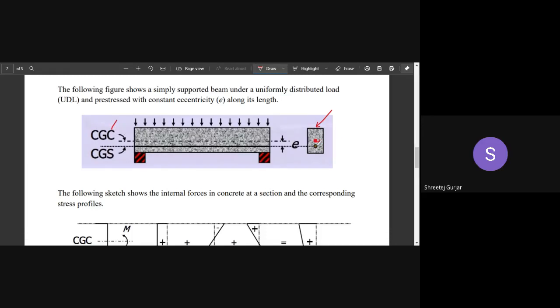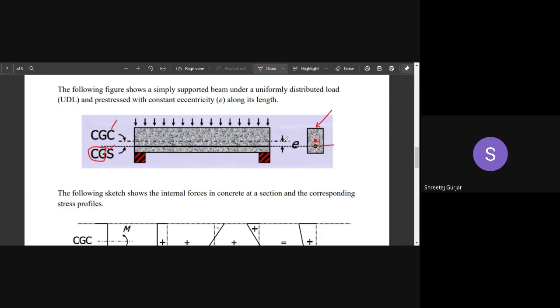You can see this is your pre-stressing steel in your cross section, and in the longitudinal section a pre-stressing steel is seen over here. This is your centroid of your steel, because there is only one pre-stressing element over here. So this itself will be your CG for your steel. The dotted line you can see here represents your CGS, CG for your steel, where S denotes steel.